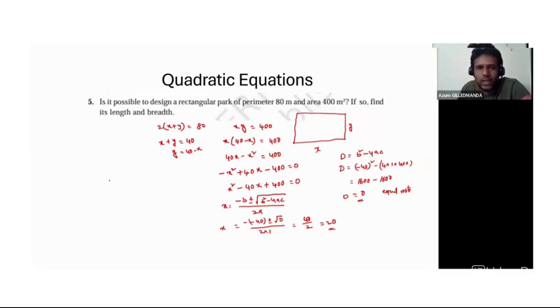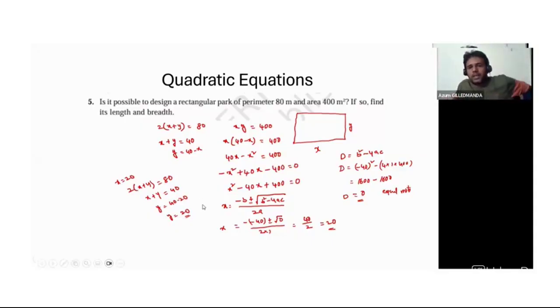So if x is 20, let's find the y value. Substitute in any one equation. So 2 into (x plus y) is 80, right? So x plus y was 40. Now, what is y? x is 20. So y becomes 40 minus 20, that is, y is also 20.